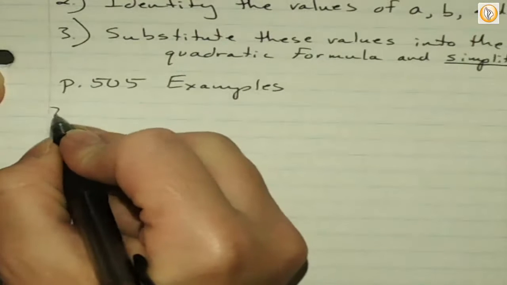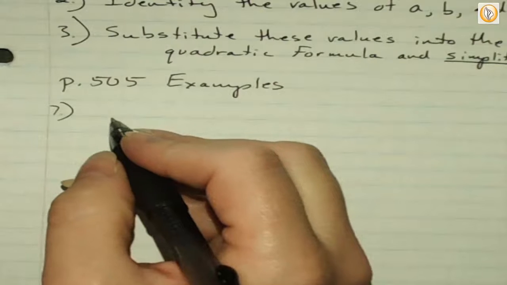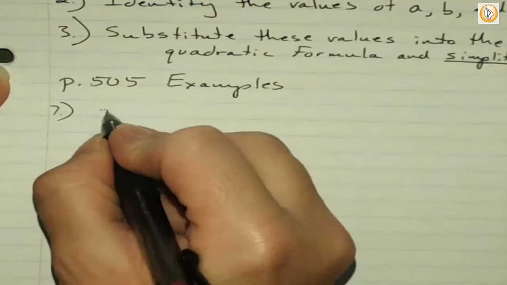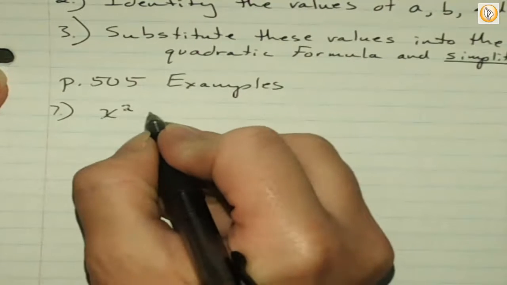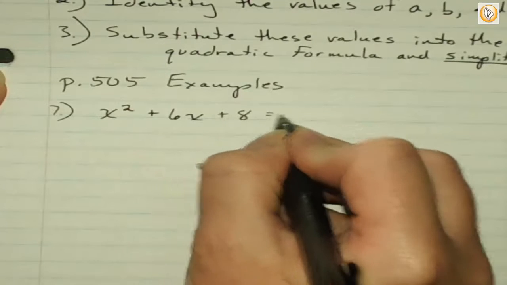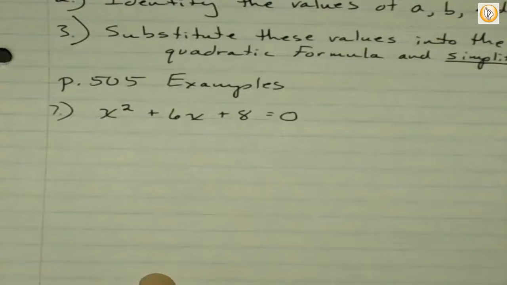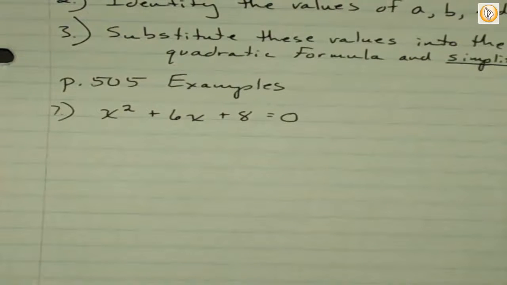We're going to start with number 7. Number 7 says x squared plus 6x plus 8 equals 0. Now, suggestion. Am I saying you have to do it? No. Am I saying it'll be helpful?